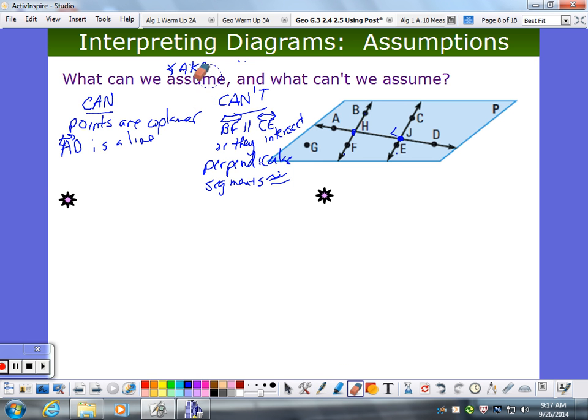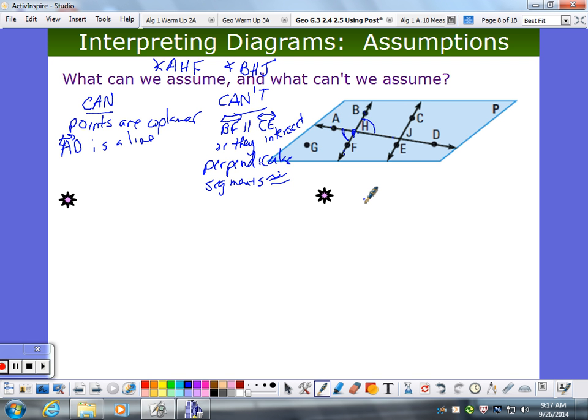Let me try again. Angle AHF and angle BHJ. Can I assume anything about those two angles?